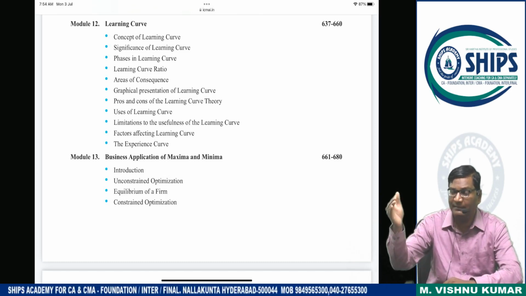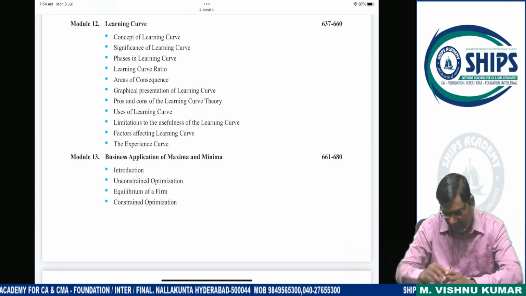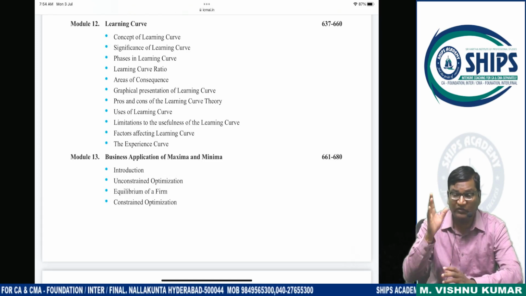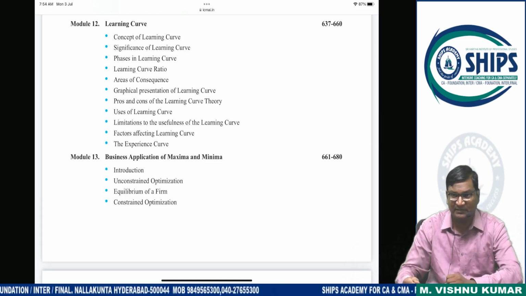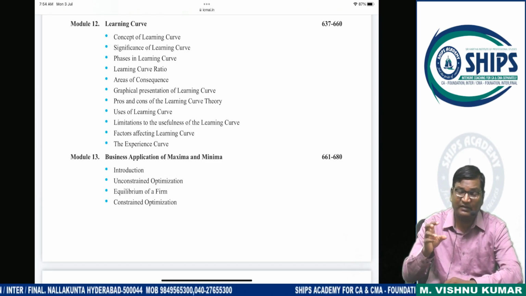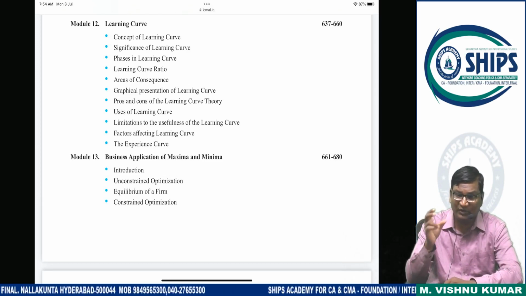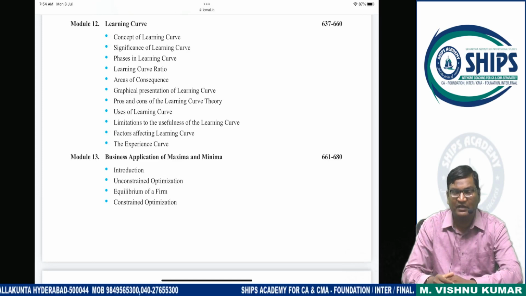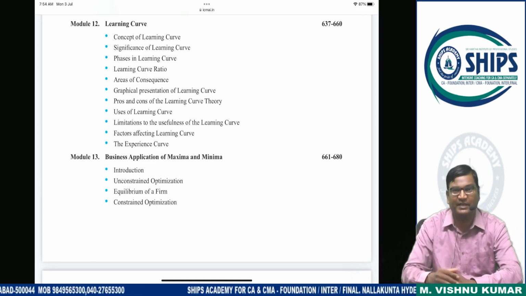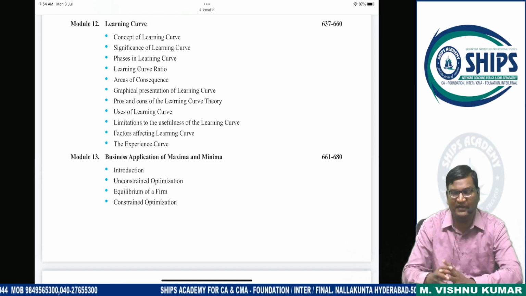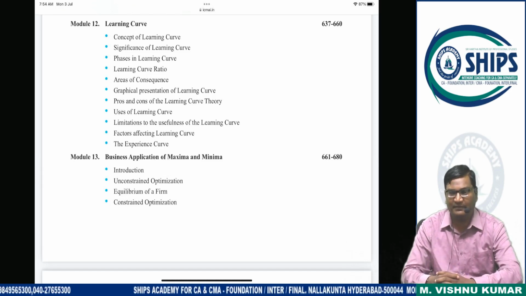And one point will come where his learning will be saturated. Because of the learning effect, his efficiency will increase. It means in 20 hours he will not produce just 20 units; he will produce 20 units in less than 20 hours. Because of the learning effect.